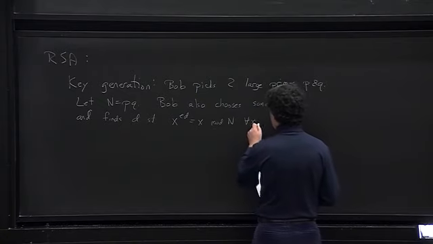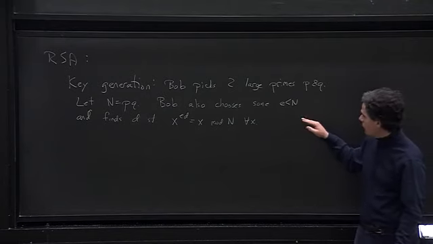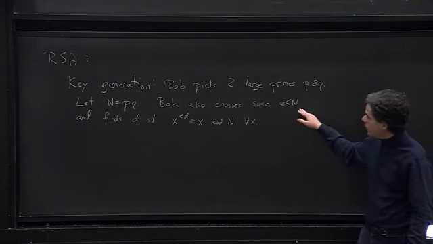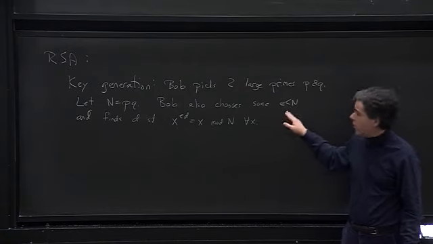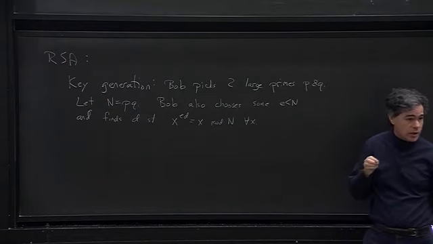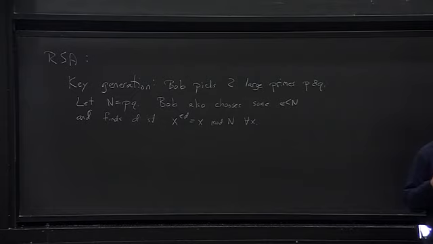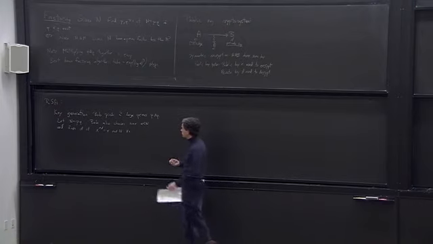How he does this is based on some number theory that I'll get to in a minute. But the key point is that generating that relationship between E and D involves his knowledge of the factors of big N. If somebody else were to learn those factors, they would also be able to find D given E. But only Bob knows that, so that's his advantage.